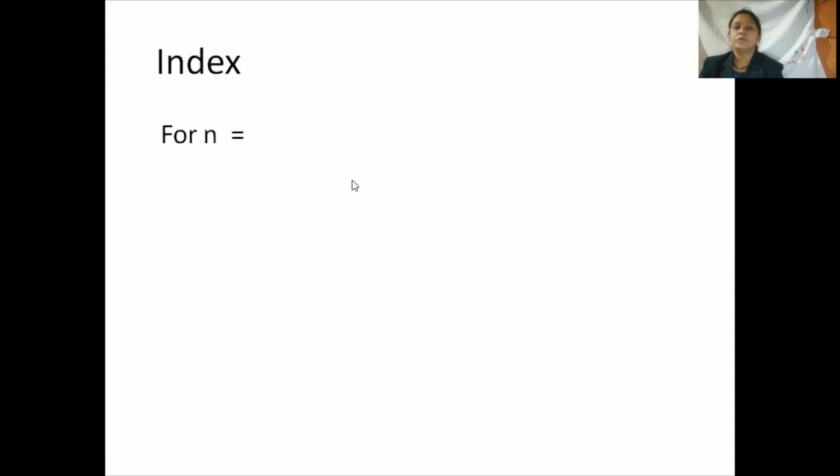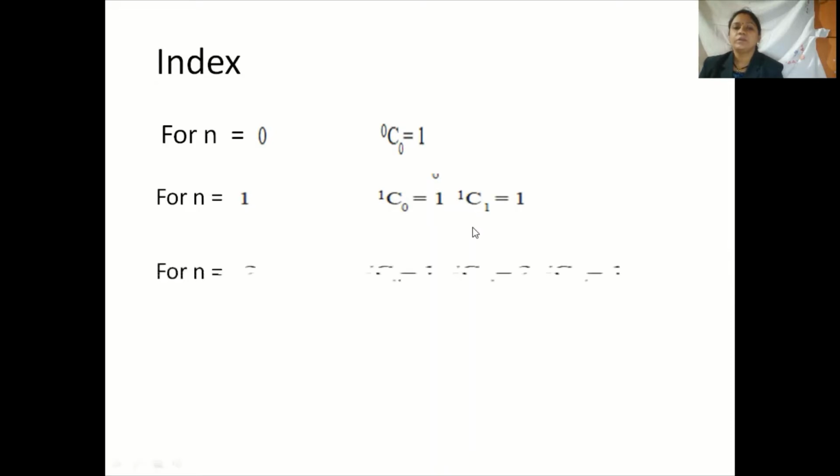I will see, for n is equal to 0 then nC0, that means 0C0 ची व्हॅल्यू काय असते? 1 असते. For n is equal to 1, 1C0 is equal to 1, 1C1 is equal to 1. For n is equal to 2, 2C0 ची व्हॅल्यू 1 असते, 2C1 ची व्हॅल्यू 2 असते, 2C2 ची व्हॅल्यू 1 असते.